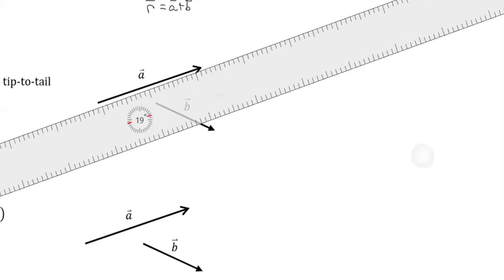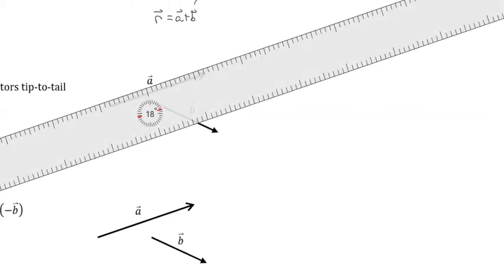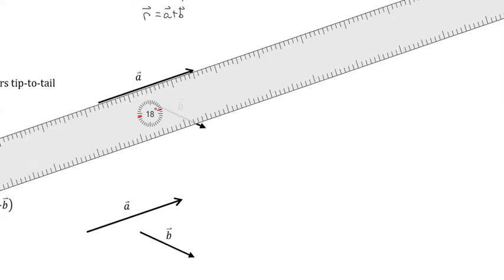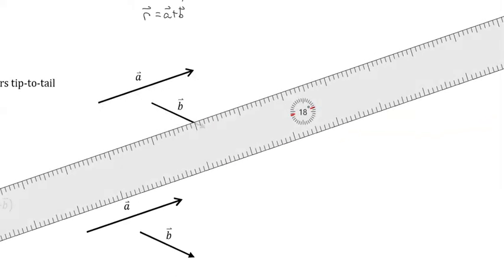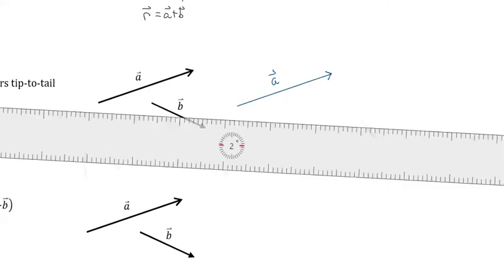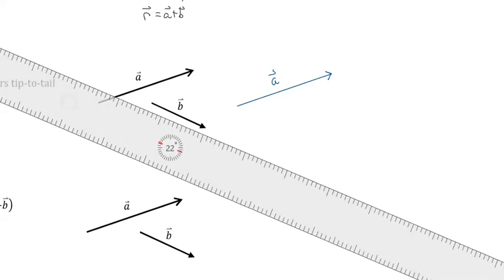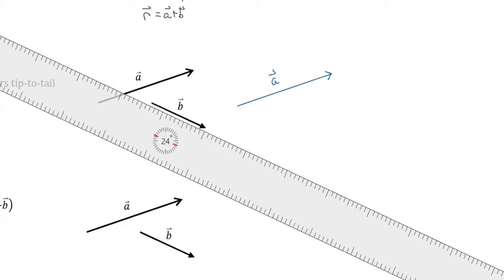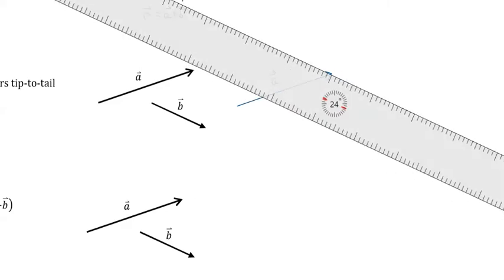And B goes like this, just over 1. So this is what we kind of did before, with the example about Valerie on her bike. So the resultant vector is A plus B.